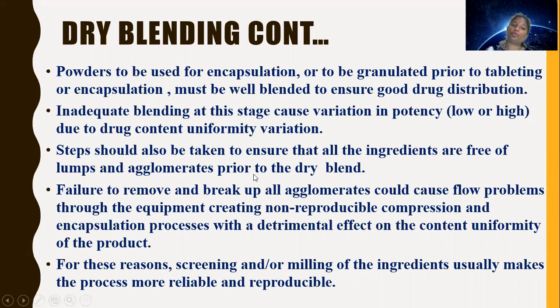Before blending, these powders should not have any lumps or agglomerates. If lumps and agglomerates are present, it leads to improper mixing and improper blend. For that reason, before going to the dry blend, we have to avoid these lumps and agglomerates.